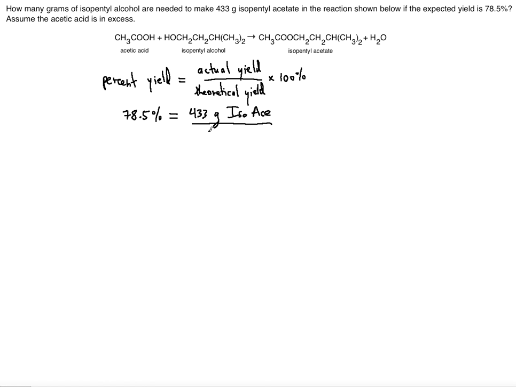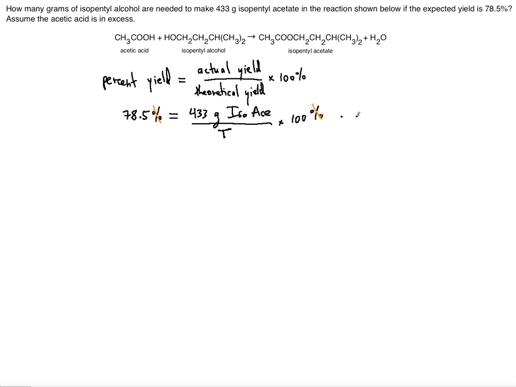Let's mark the theoretical as T, because that's the unknown, multiplied by 100%. As you can see, the percentage can be ignored because the percentage sign would cancel out.